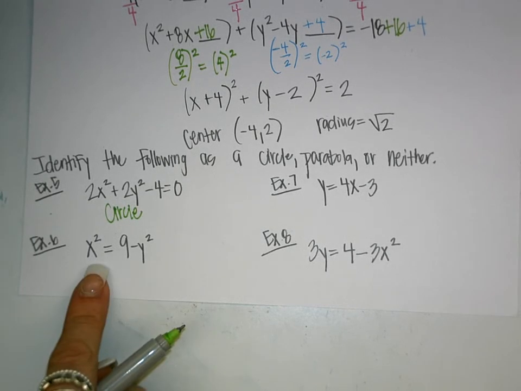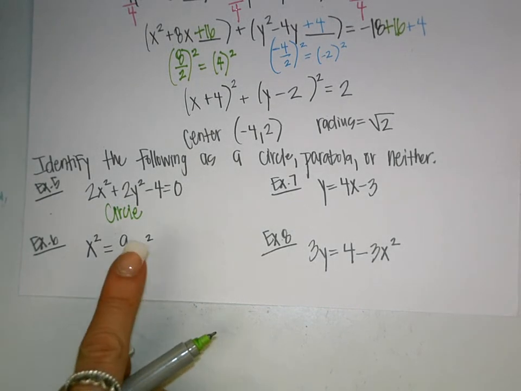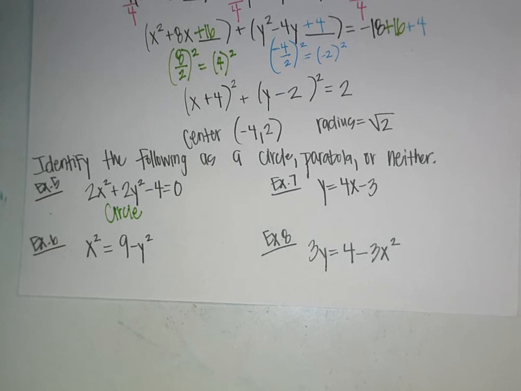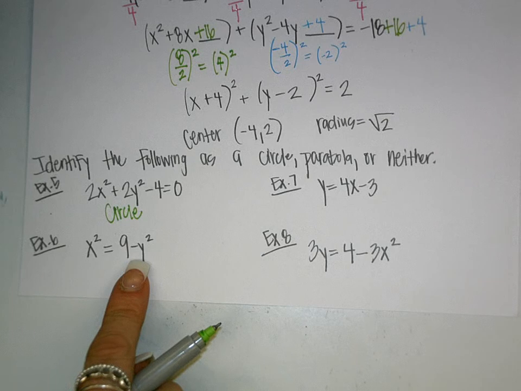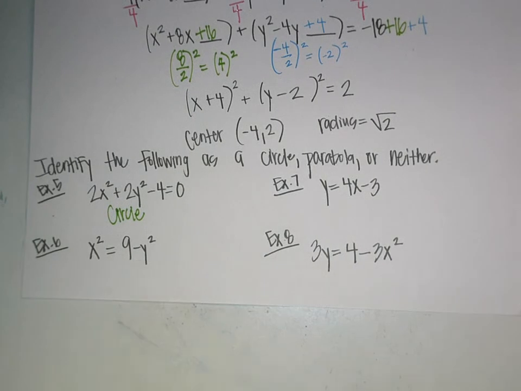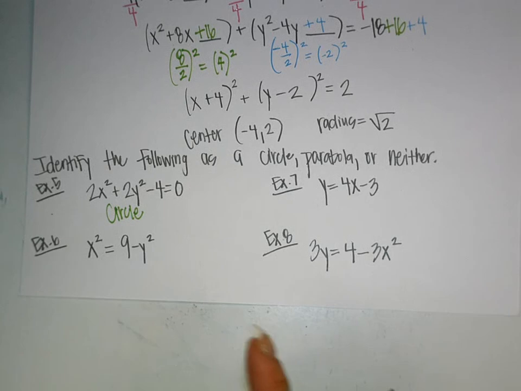X squared equals 9 minus y squared. There's 2 squares, so it can't be a parabola. Is that a circle equation? Can you have any negatives in a circle equation? No. But is the x squared and the y squared on the same side right now? They are not.